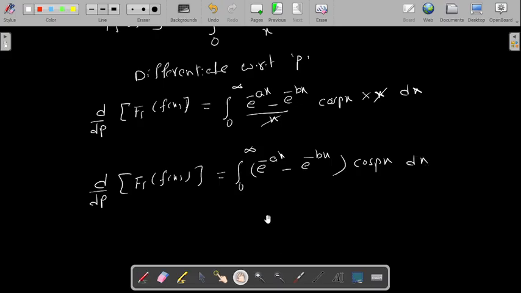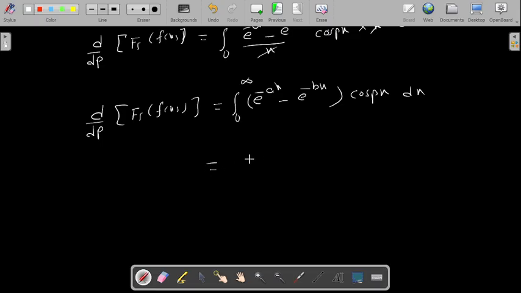Okay, next, what we are doing is separating the integral: integral 0 to infinity e power minus ax cos px dx minus integral 0 to infinity e power minus bx cos px dx.